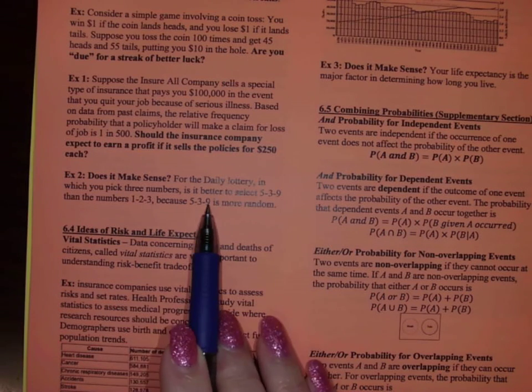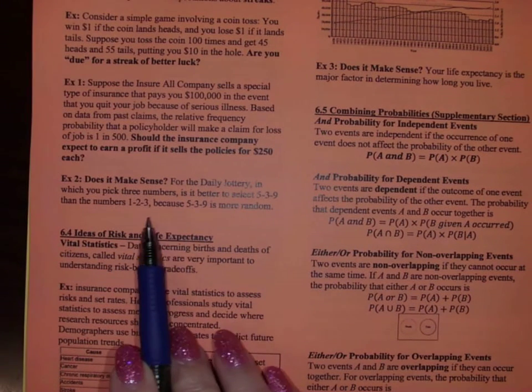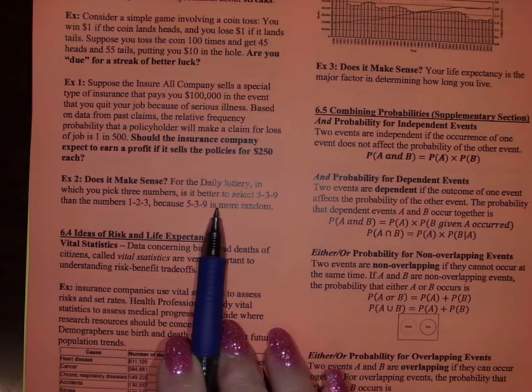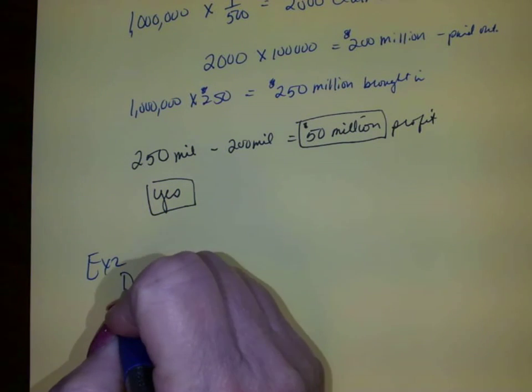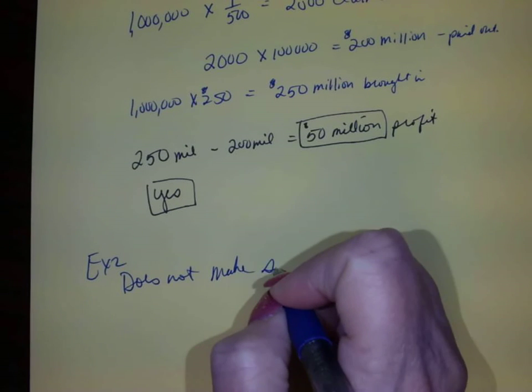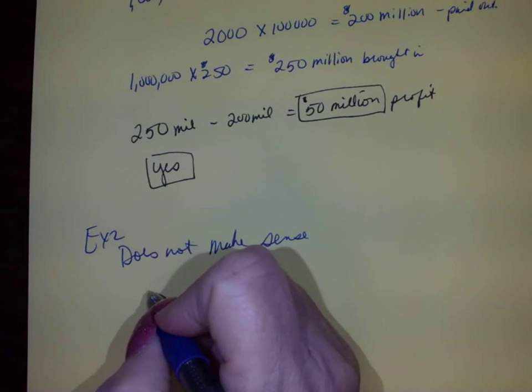It appears more random because we think of 1, 2, 3 as being in order, but that has nothing to do with the chances of winning. So it does not make sense. All sets of the 3 numbers have the same chance of winning.